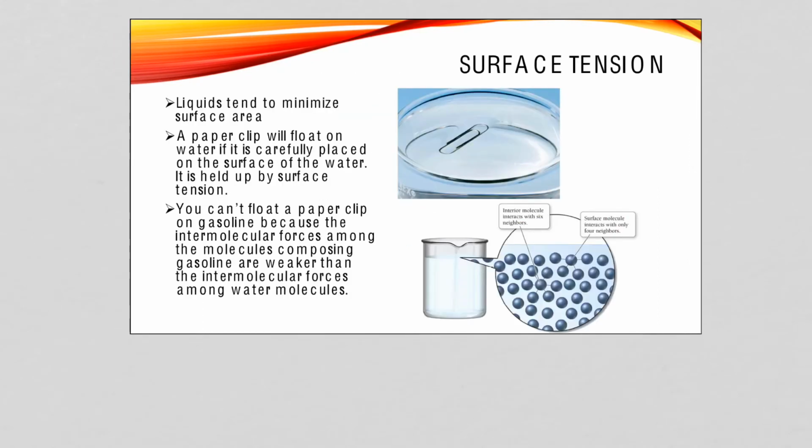So surface tension is this idea that liquids will tend to minimize their surface area. Right? So they will adopt a shape that will give them the smallest amount of surface for the maximum amount of volume, if you will. Now, we can envision this in a few ways.